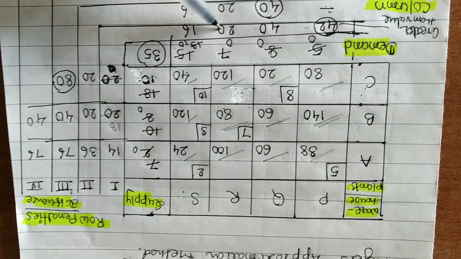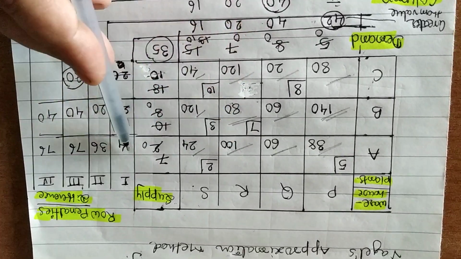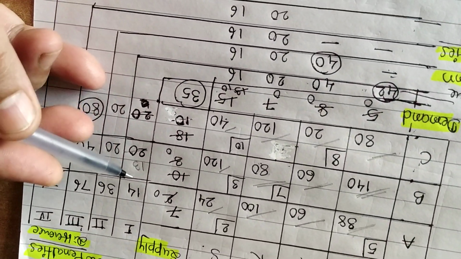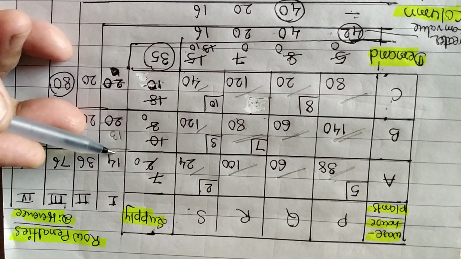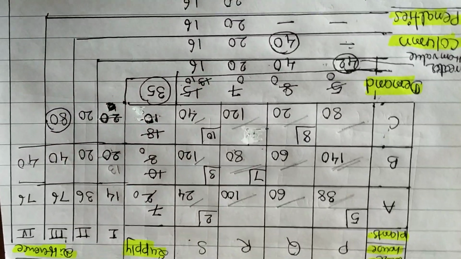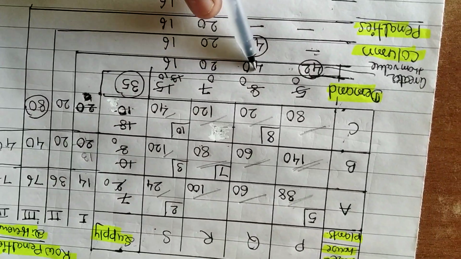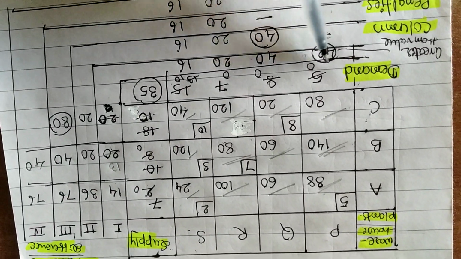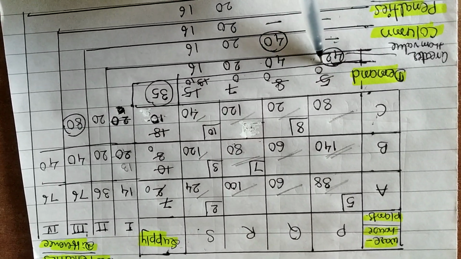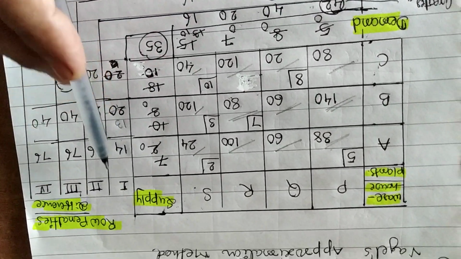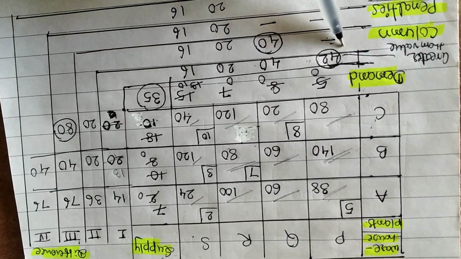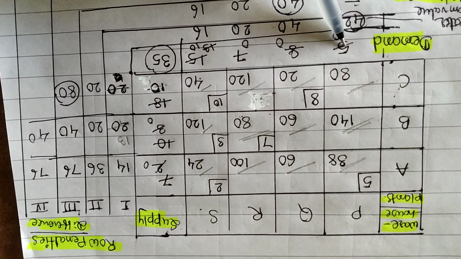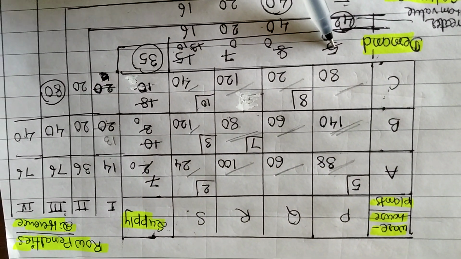Okay, this is the column difference and this is the row difference, and for the penalty, what is the greatest number, you see here is 14, here is 20, here is 20, here is 42, here is 40, here is 20, here is 16. Means in the first column and first row you see the greatest number is 42. Okay, 42 is the greatest number, means first of all you take the demand and supply, which is greater and which is smaller.